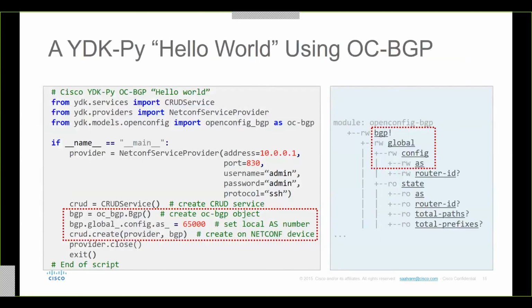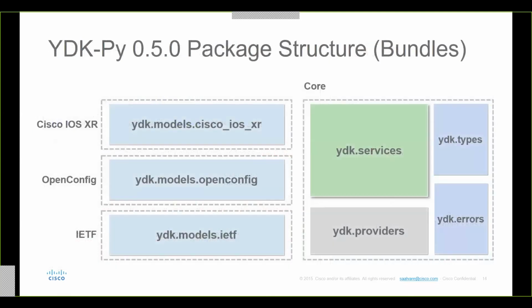Does it change with the change in the release? Let's say I'm on 5.1, now I go to 6.0, which has more capabilities. Where do I get the updated models? Yeah, that's a good question. Each of these is a separate Python package, but the model bundles are sub-packages of the core, and we can define dependencies between these.